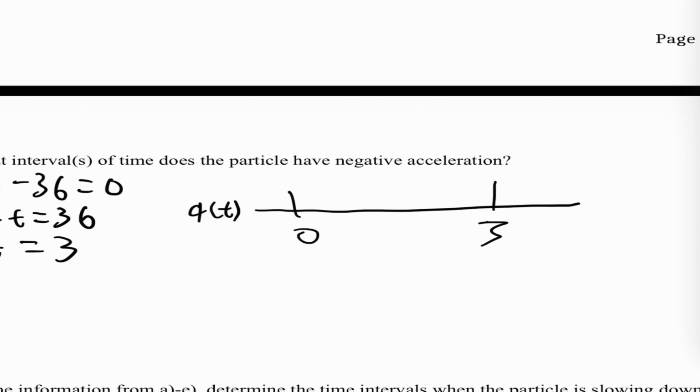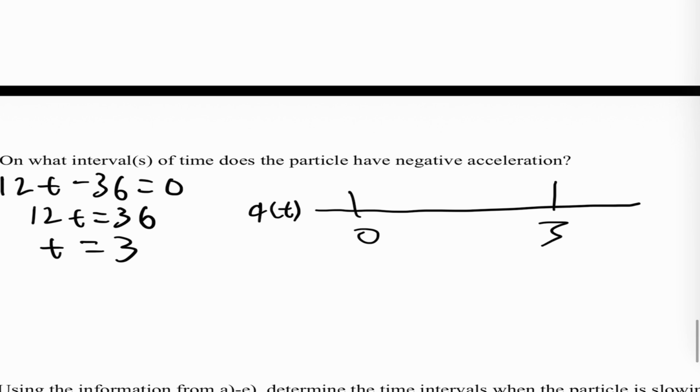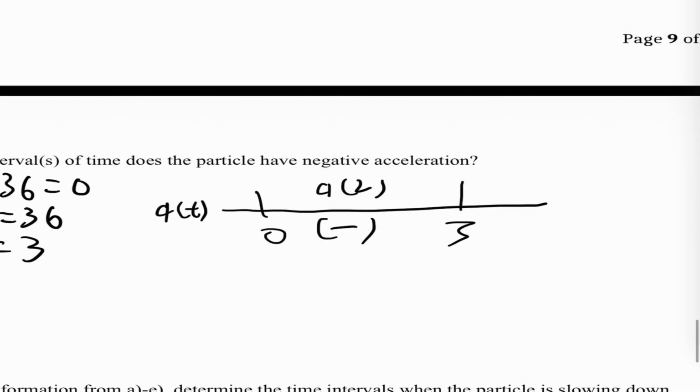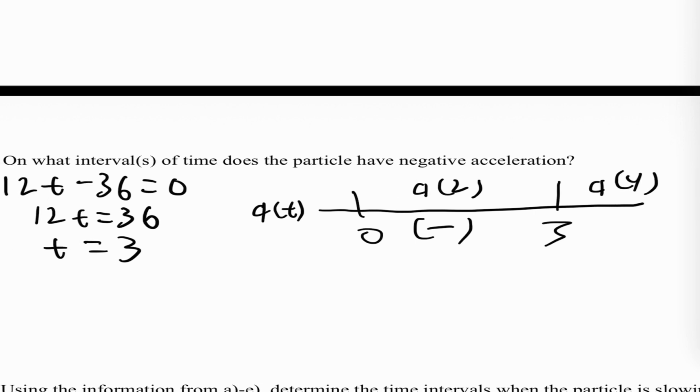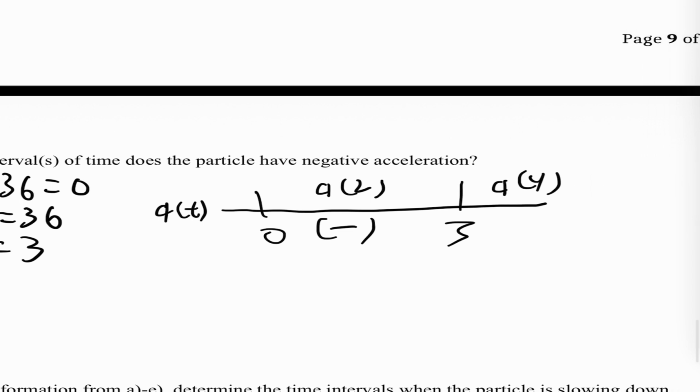Now let's plug in numbers for our intervals. Plug in 2 and we get negative. Plug in 4, and this will get us positive.